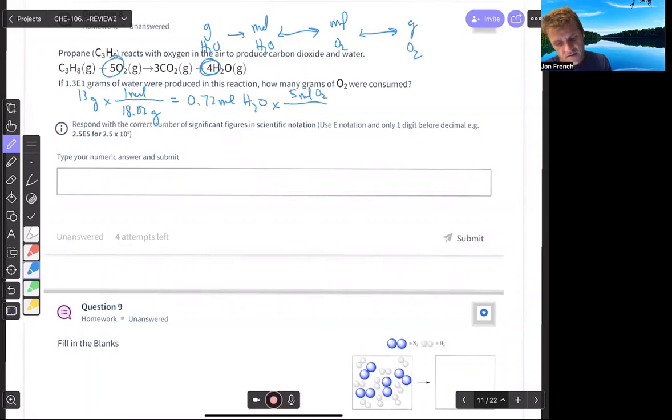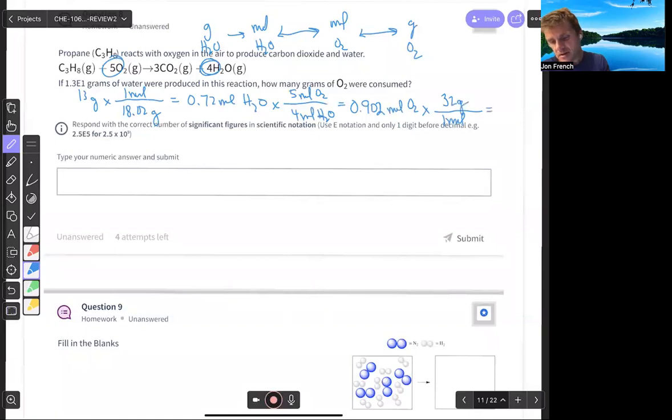So 5 moles of O2 over 4 moles of H2O. So multiply that by 5 over 4, and I get 0.9 moles of oxygen. The last step is to find mass of oxygen, right? Oxygen is 16, so O2 is 32 grams per mole.